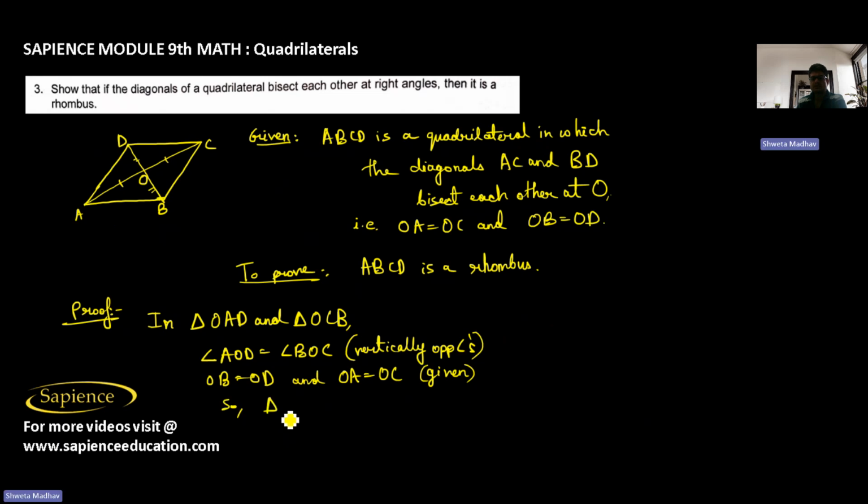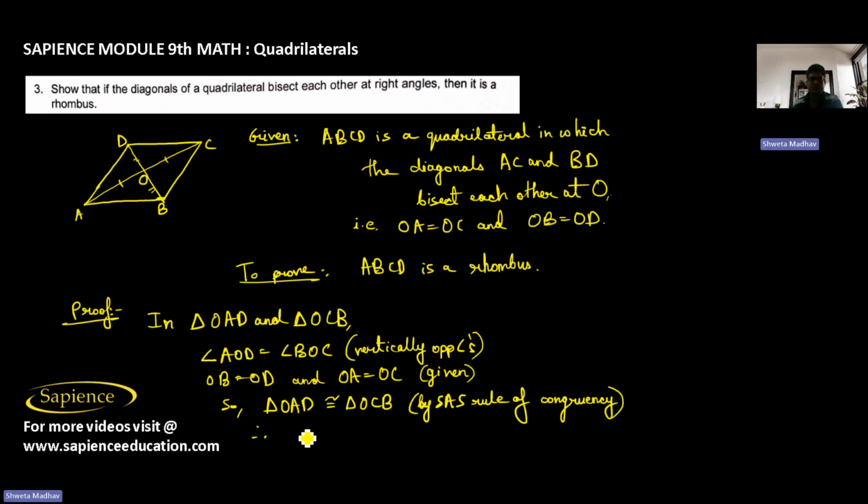So therefore triangle OAD is congruent to triangle OCB by the SAS rule of congruency.